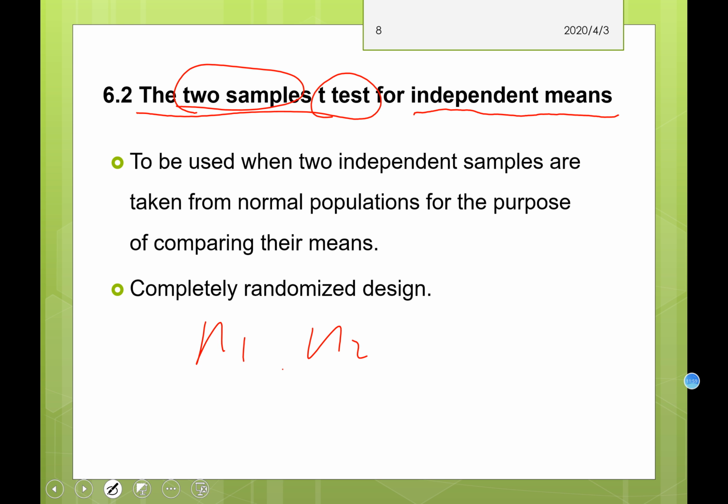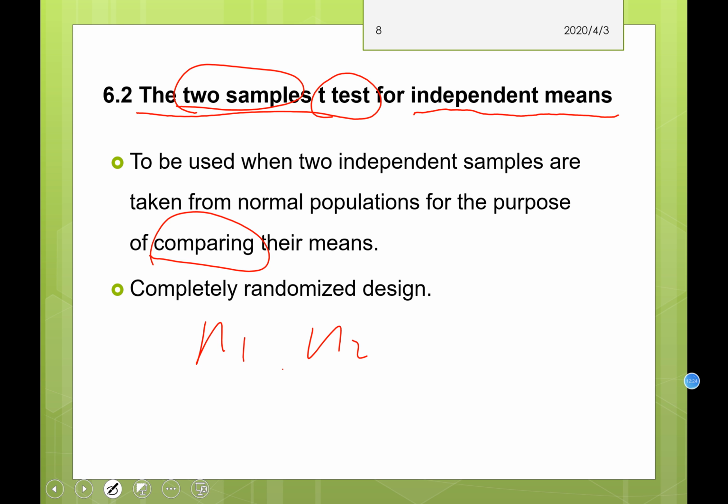So this method is to be used when 2 independent samples are taken from normal populations for the purpose of comparing their means. So we can find that the purpose of this method is still comparison. So the keywords should be different, right?